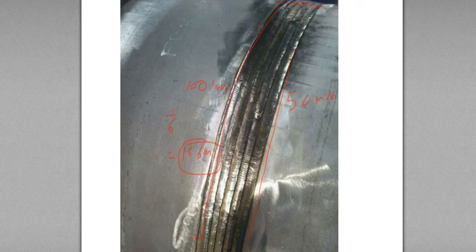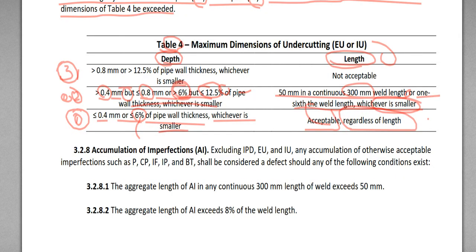So this is smaller, so do not select this 50 millimeter, but take this 16.6 millimeter as the acceptance criteria.